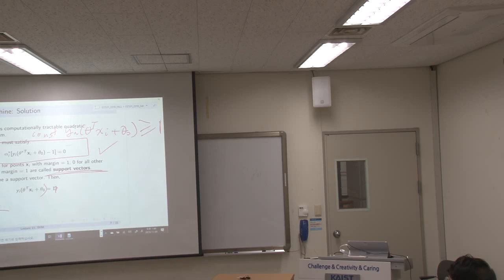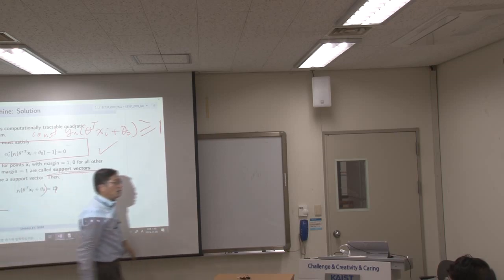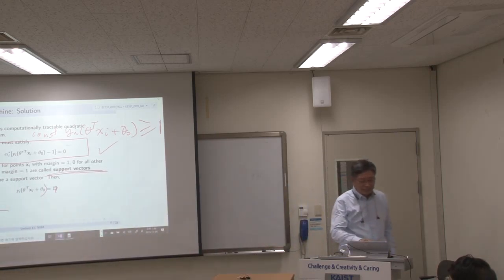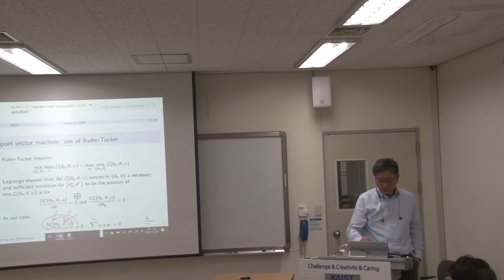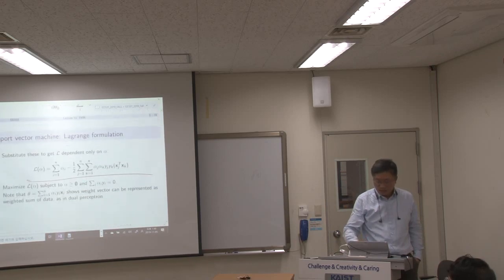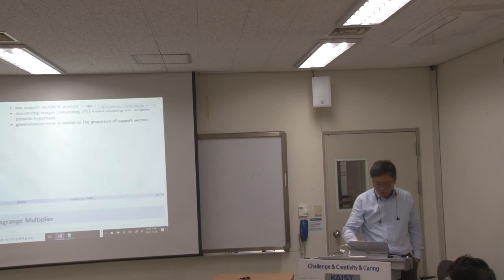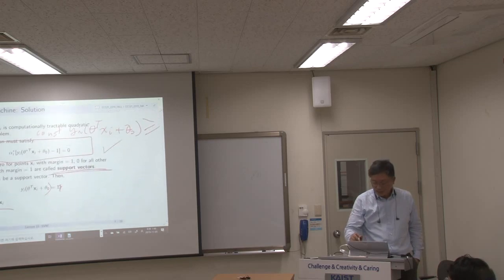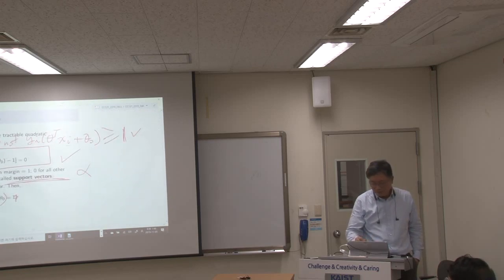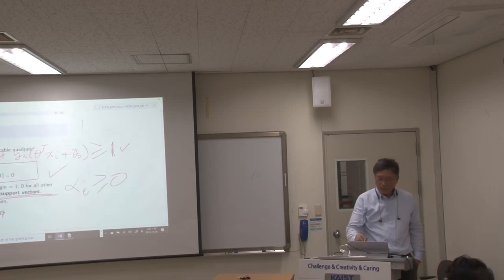And there's another one: alpha i has to be positive. And we call those the KKT conditions, the Karush-Kuhn-Tucker conditions. So it has to satisfy that, and alpha i's have to be greater than or equal to 0.